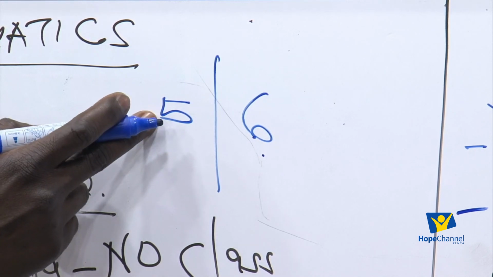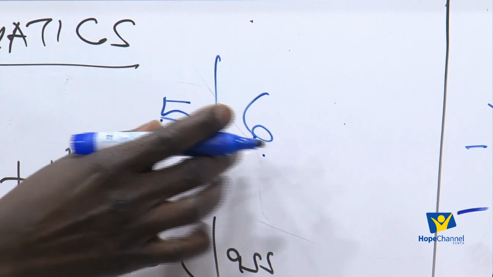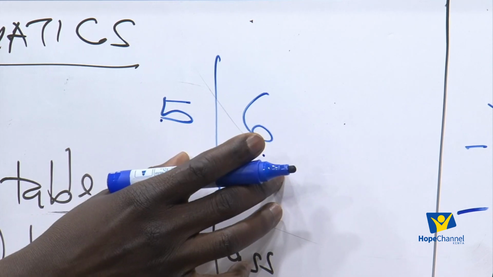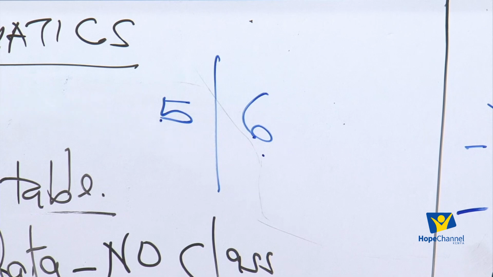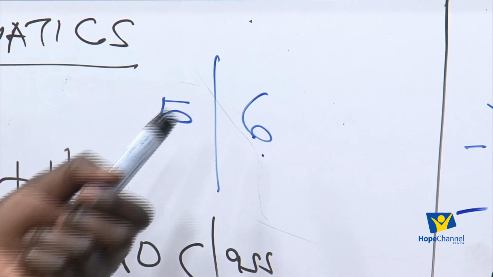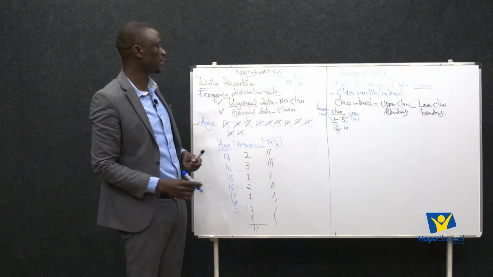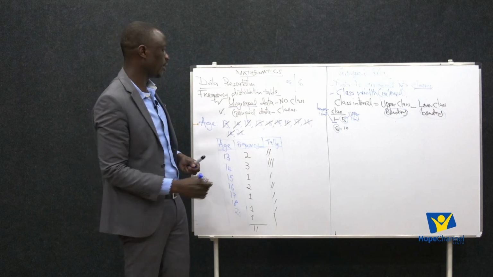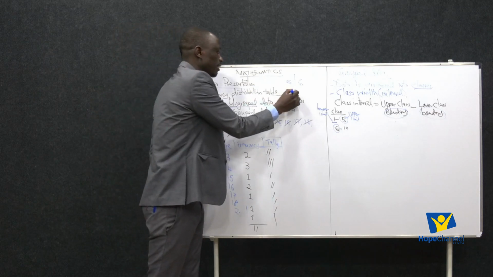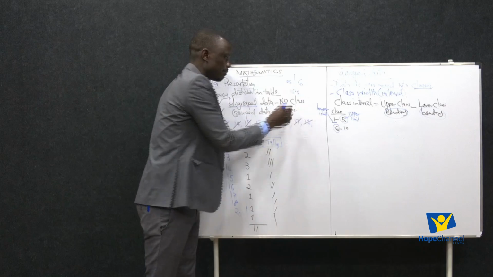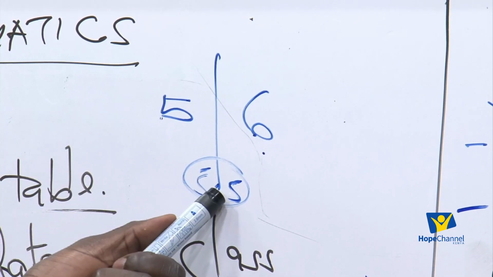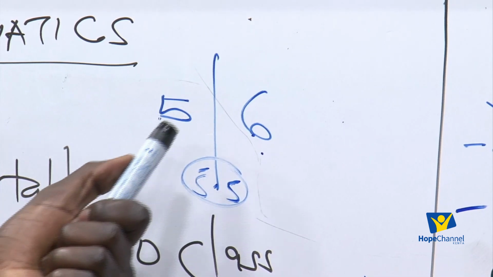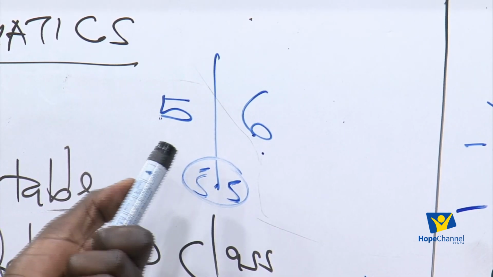And how do we usually get that one? I will simply say 5 and 6, then I find the average. So 5 plus 6 is 11. When I find the average, I get 5.5. So the boundary between 5 and 6 is 5.5.